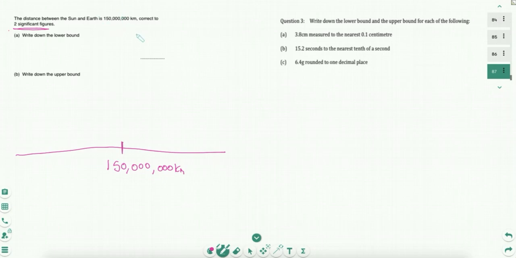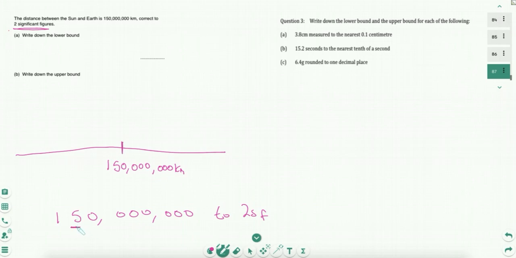Whenever we're trying to find the lower and upper bound using significant figures, let's look at this number first of all, 150 million, to 2 significant figures. This is the first significant figure, and this is the second significant figure. So let's look at the second significant figure.